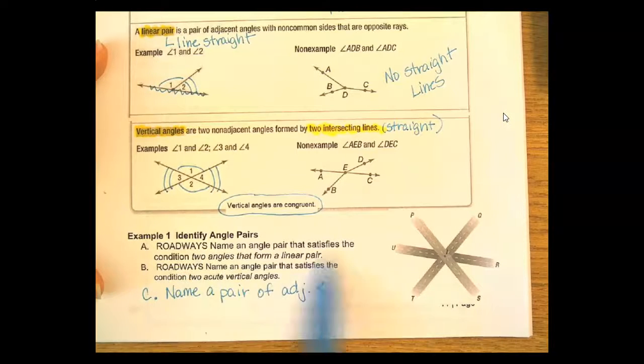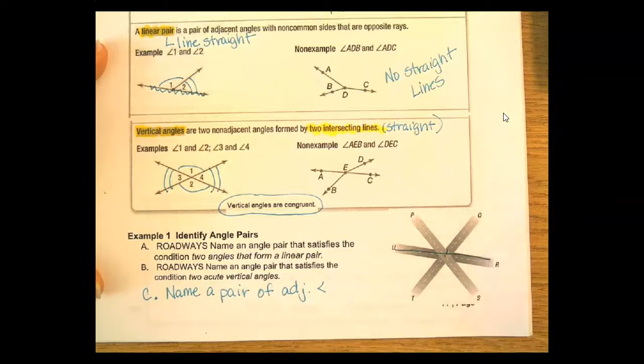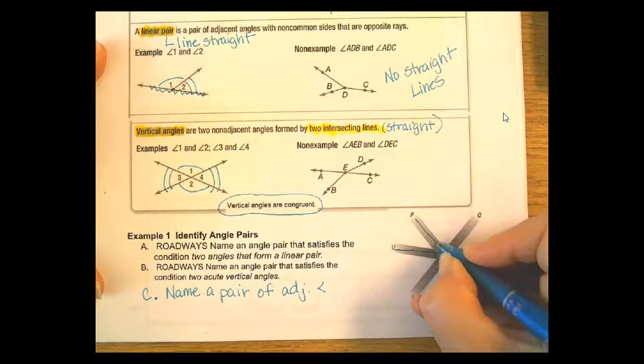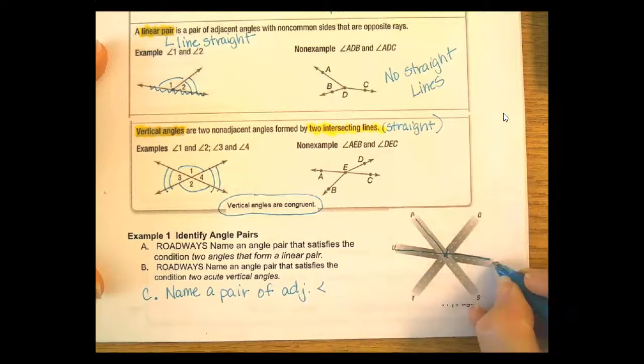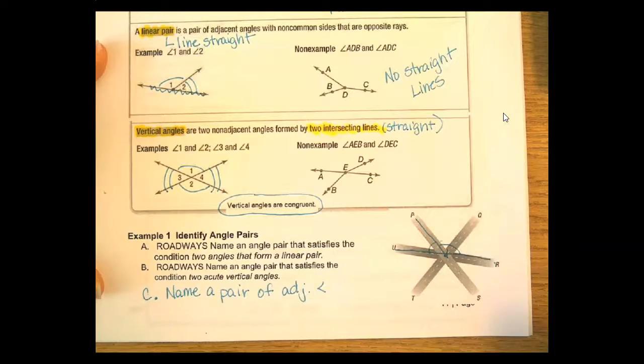All right, so here we have this roadway. We need to name an angle pair that satisfies the condition: two angles that form a linear pair. So I'm just going to make a straight line. And what two angles make that straight line? I'm going to say UIP is the one I'm choosing, and PIR. So this one and this one.